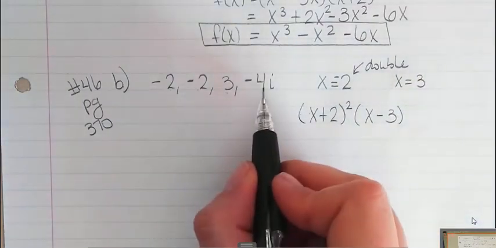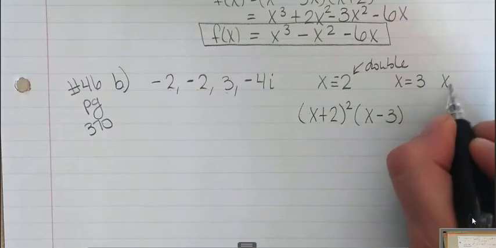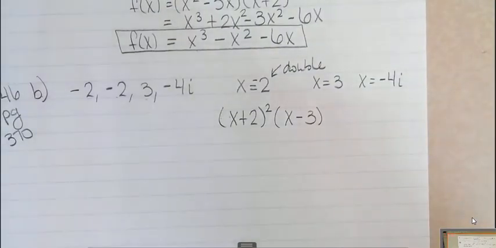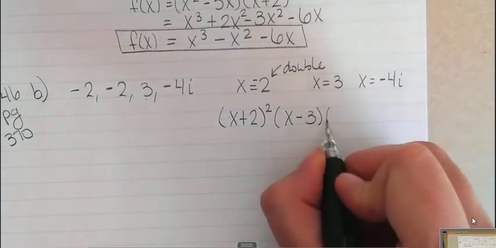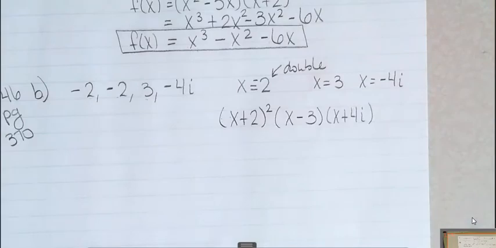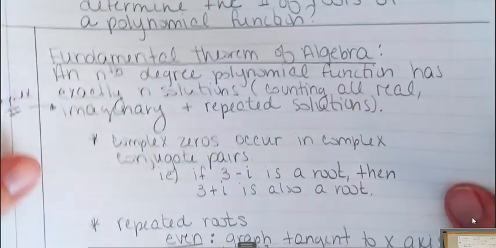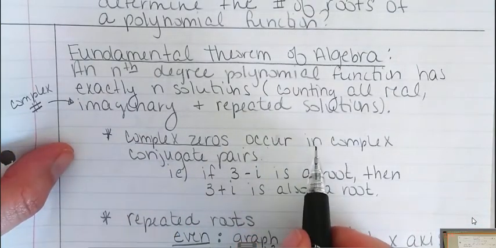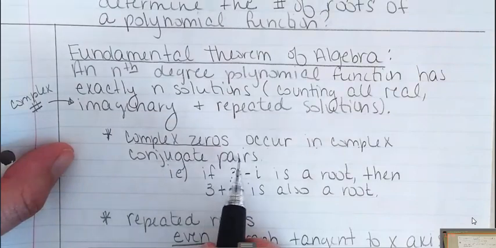Okay, and then I have another solution here, which is an imaginary one, -4i. As a factor, again, this will be x plus 4i. But let me remind you that anytime you have a complex zero, they need to occur in complex conjugate pairs.